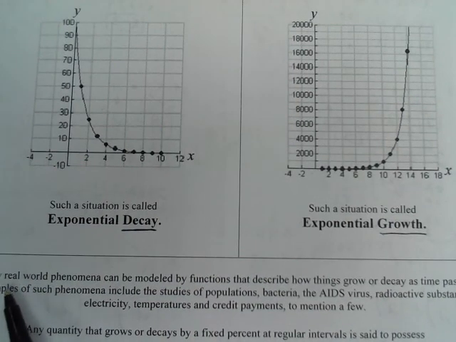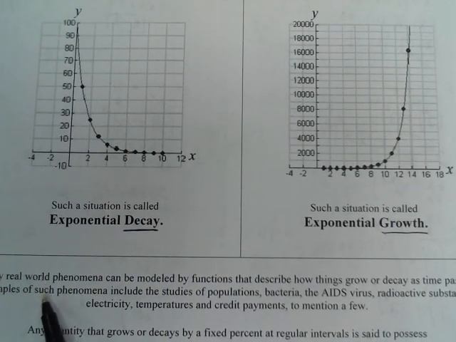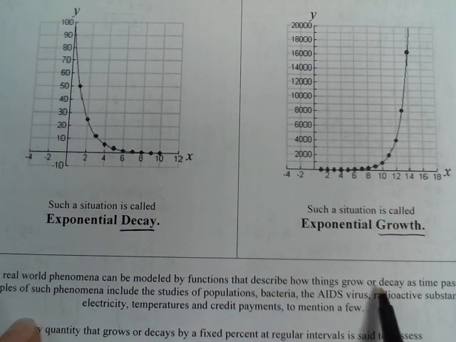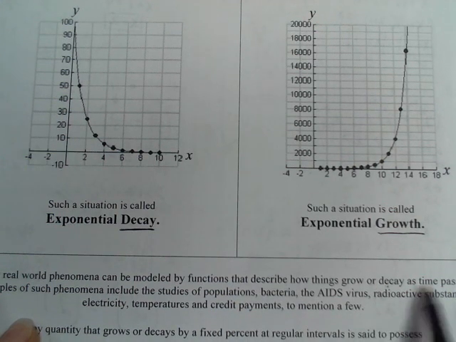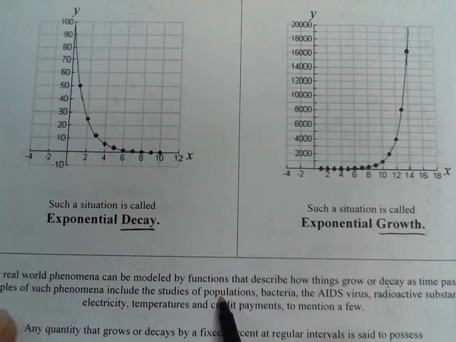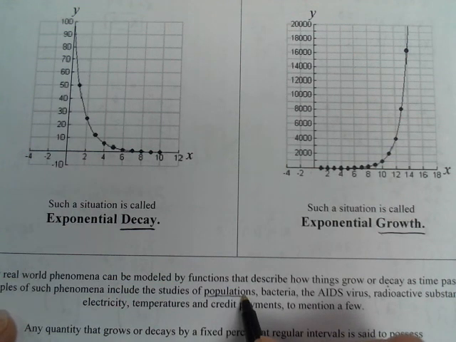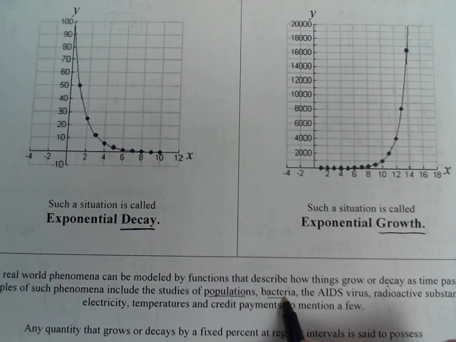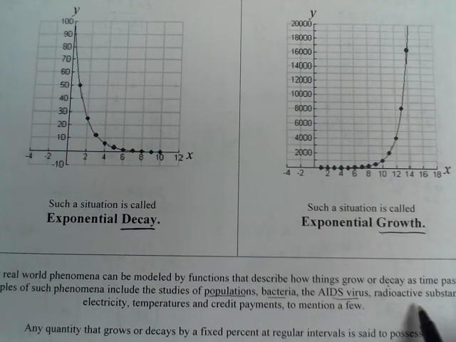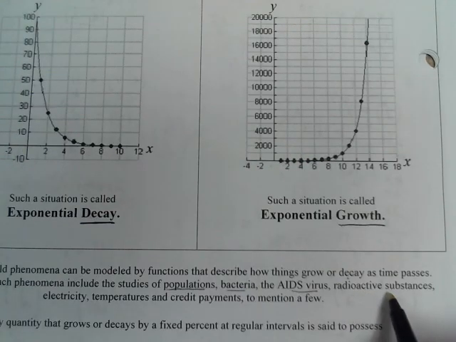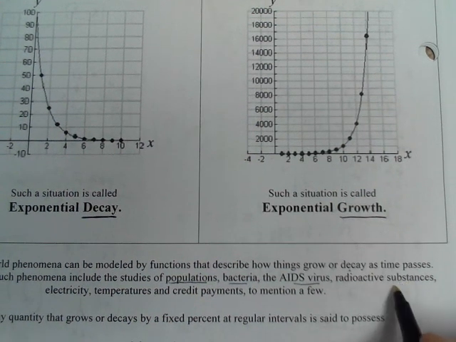We use exponential functions a lot in the real world because we can model things that grow or decay as time passes, like populations, which usually increase or decrease exponentially, bacteria, virus, the AIDS virus, radioactive substances. If you look at half-life, that's an exponential decay.